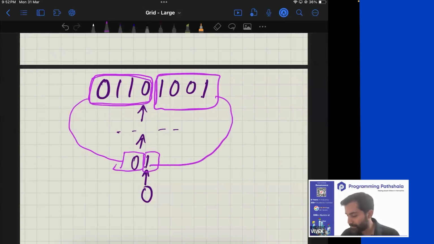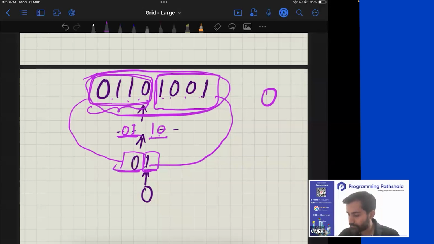That is what happened, isn't it? Because this 0 became 01, this 1 became 10. And now this 01 is responsible for this part, because this 0 became 01 and this 1 became 10. And this 10 is responsible for this part, because this 1 became 10 and this 0 became 01. So what I am trying to tell you is that this entire string is representing 0.